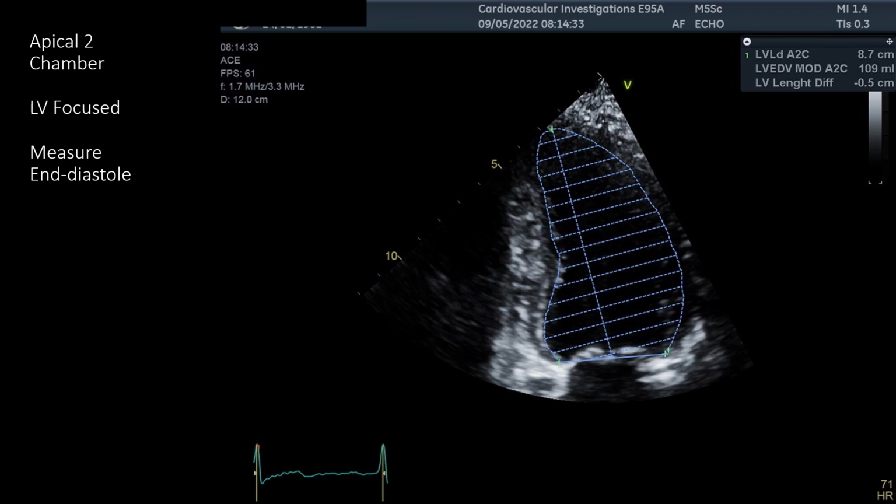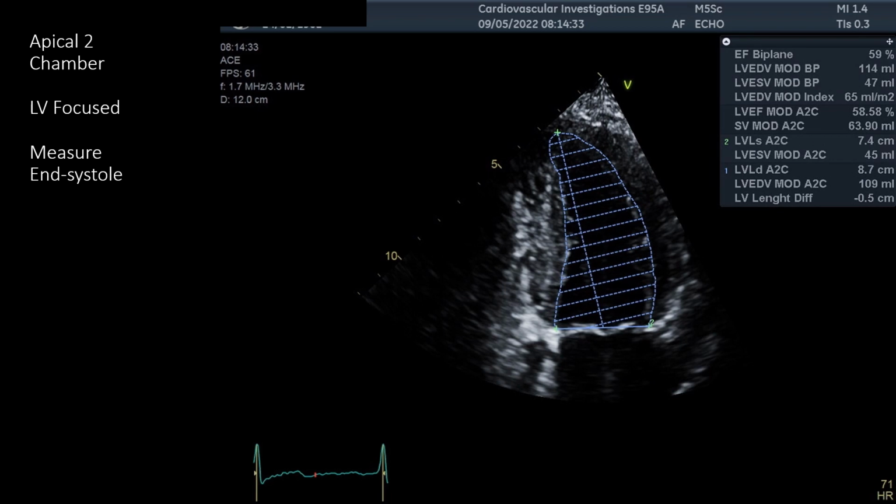And then by incorporating the two chamber views at diastole and again at end systole, we can now use Simpson's biplane method to estimate the ejection fraction, which in this case is 60%, normal.